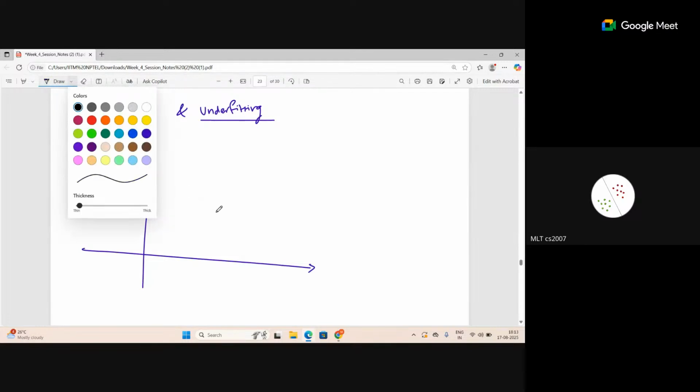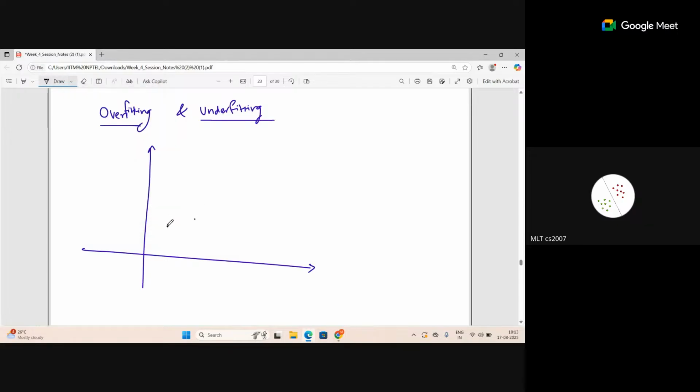Let's say you have a data set like this, right? We have this data set, and this is a supervised data set. What does that mean? We have that xy pair, the labels. This is during your training, and after training, what do you try to find? A model, right?